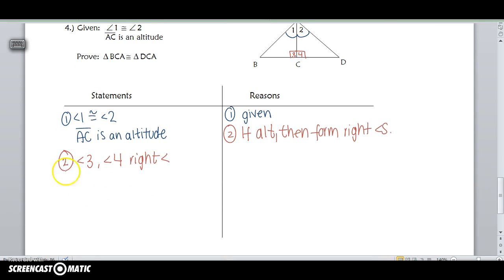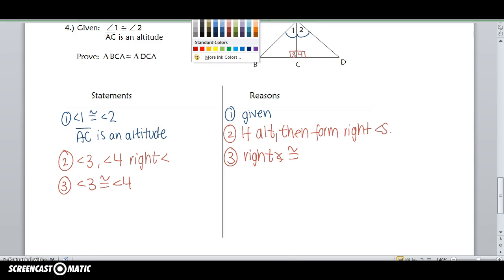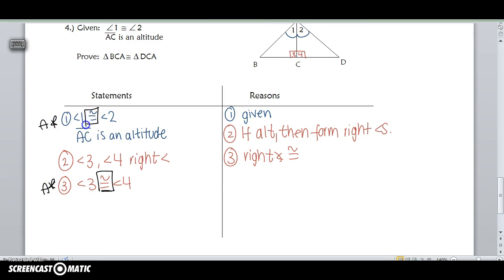And then I can go ahead and prove that they're congruent. So angle 3 is congruent to angle 4, and that is because right angles are congruent. So right now, what I have is an angle, I have another angle, right? I know I have them because of those congruence marks.